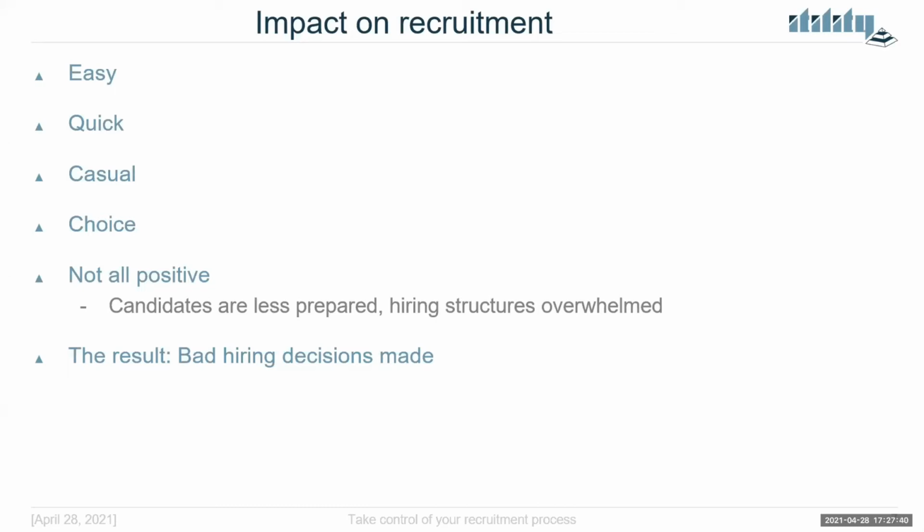But they're not always positive. So what recruiters have experienced is that candidates are often less prepared because clicking on that ad can be a spur of the moment thing, can be very spontaneous. It just looks good, or you happen to have a really bad day in your current role, or you're just getting started on the market and you don't really know.